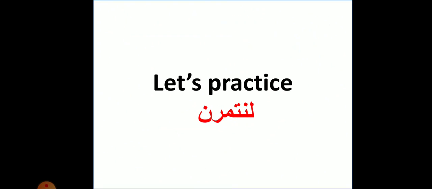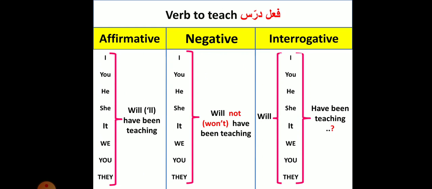So let's practice. Here we have the verb to teach. In the affirmative form, the conjugation is I will have been teaching, or the short form I'll have been teaching.